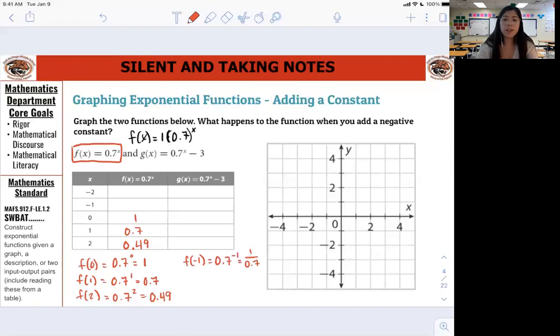Well, in your calculator, you can just go ahead and do 1 divided by 0.7. What are you getting? 1.42857. That sounds about right. Let me double check. Yeah. So I'm going to simplify 1.43.